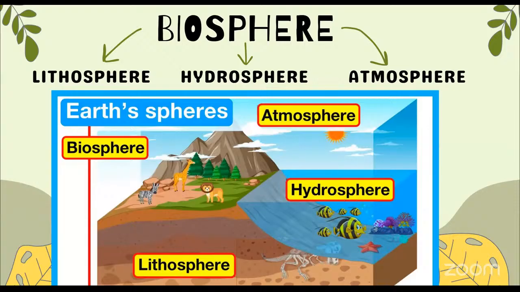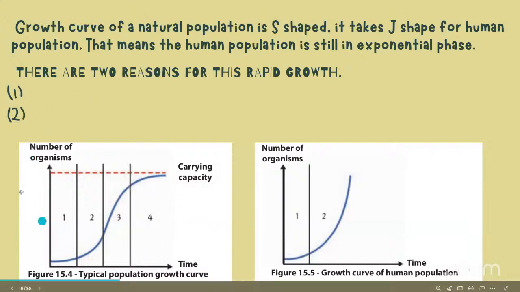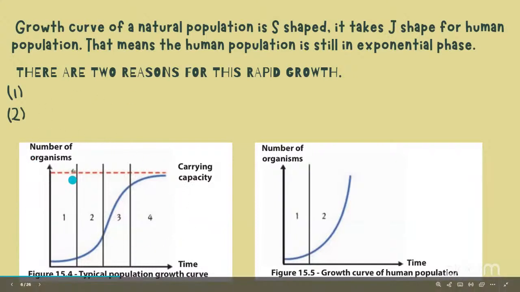Then moving on to the next one. Now they have given you this whole explanation about the growth curve that you can see on the left hand side. I'm just going to brief through it. This initial part, you have the slow phase where the population is slowly increasing. Then you have the exponential phase where the population is accelerating.